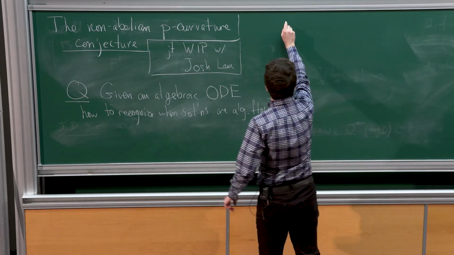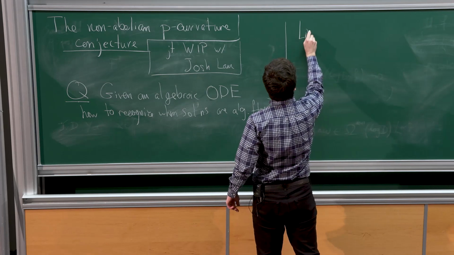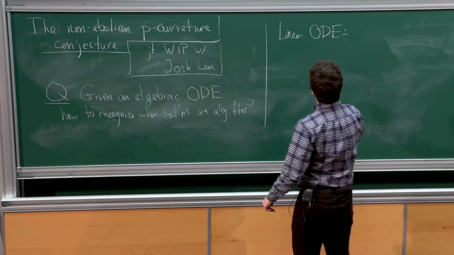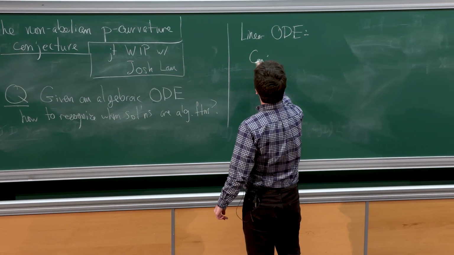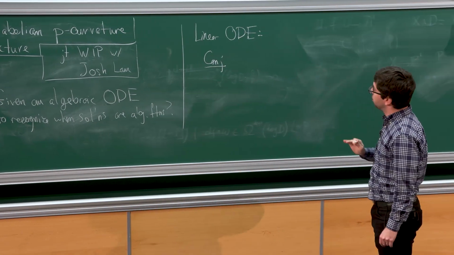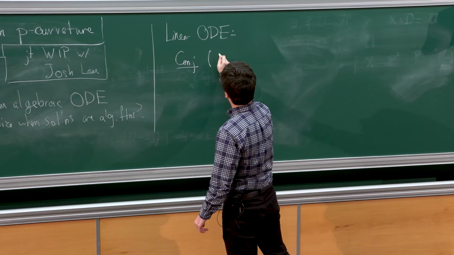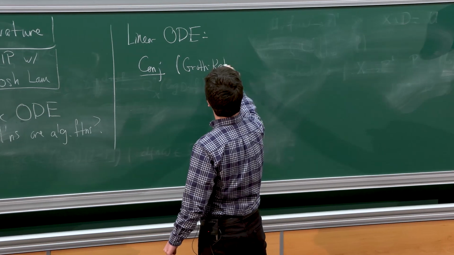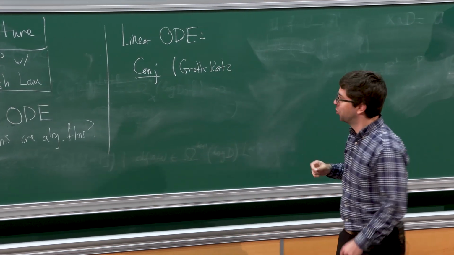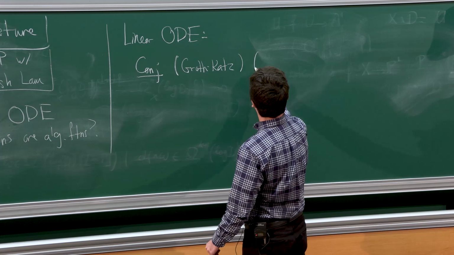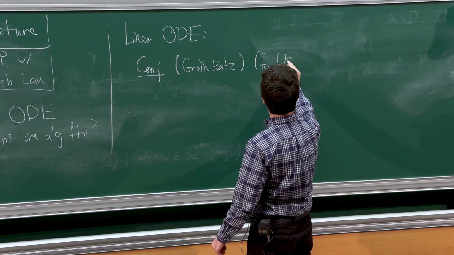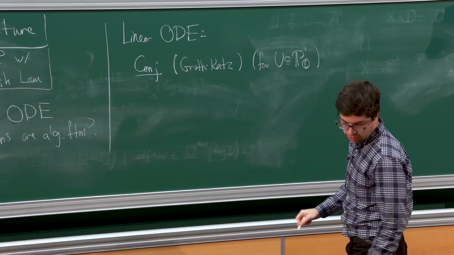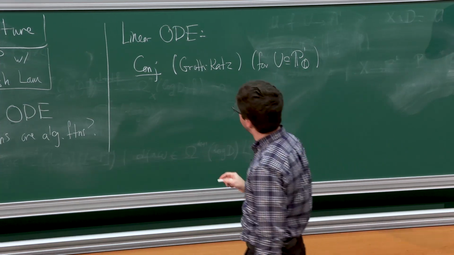Okay, so what happens for linear ODE? Well, let me start with the most elementary formulation of the Grothendieck-Katz p-Curvature conjecture, and then I'll explain the more standard highfalutin version of the conjecture. So this will be the conjecture for open subsets of the projective line over Q. And the conjecture is as follows.